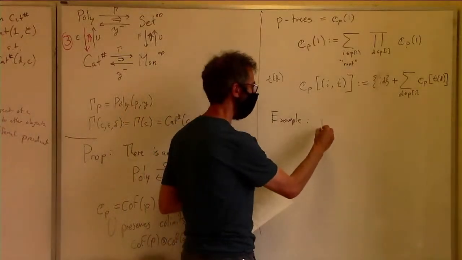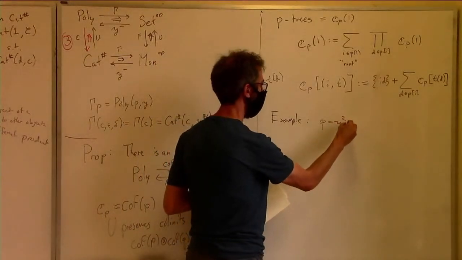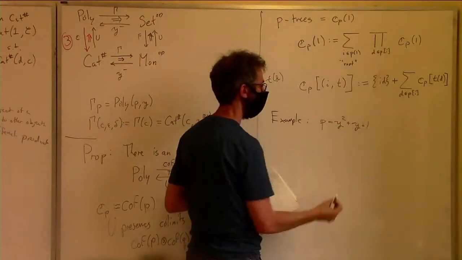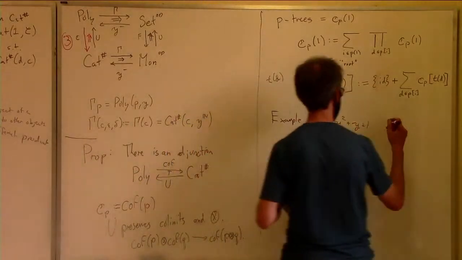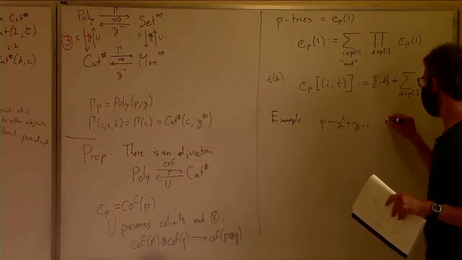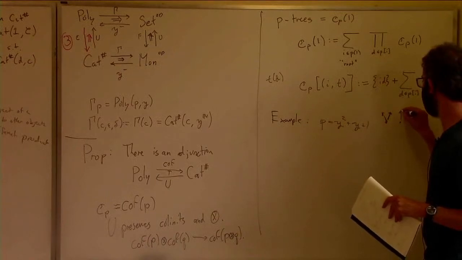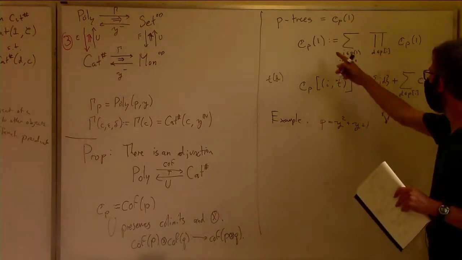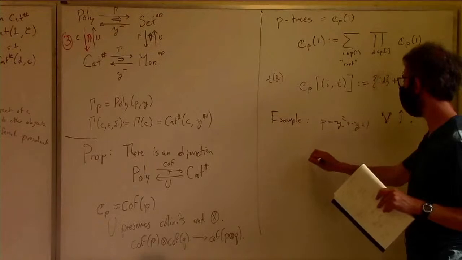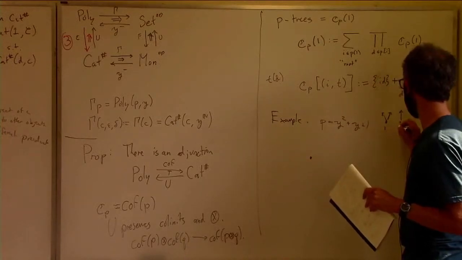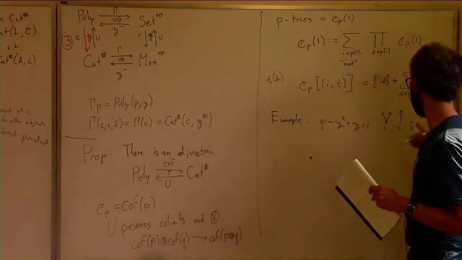Example, let's say P is y squared plus y plus 1. And so we would say P looks like this. Then in C P of 1, we pick a position. So for example, we could pick position 3.